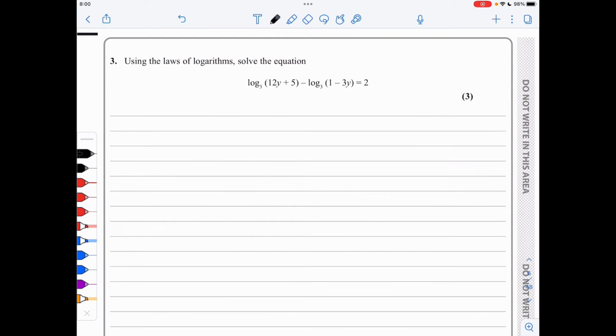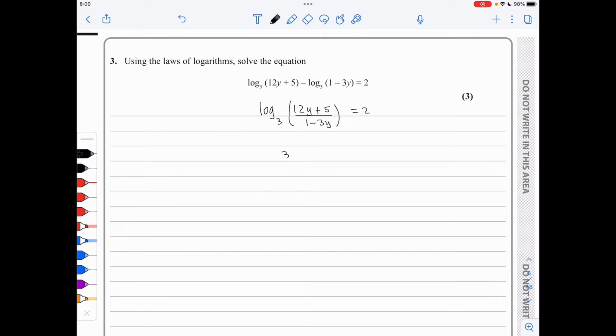In question 3, we need to use the laws of logarithms to solve this equation. Now we know that if we've got log of something minus log of something else to the same base, in this case 3, I can write this as the log of the quotient. So log of (12y plus 5) over (1 minus 3y) to the base of 3 is equal to 2.